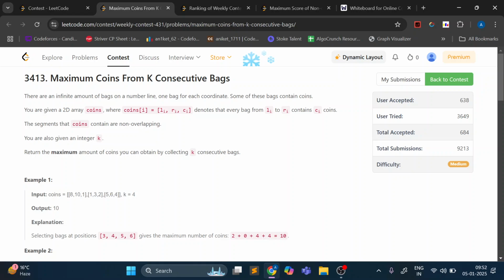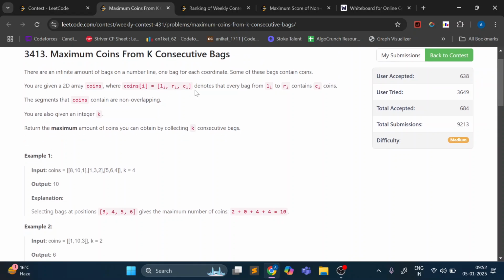That means only a single element is representing the coins. That means basically no two ranges overlap, no two ranges have intersection. And we are also given an integer k.